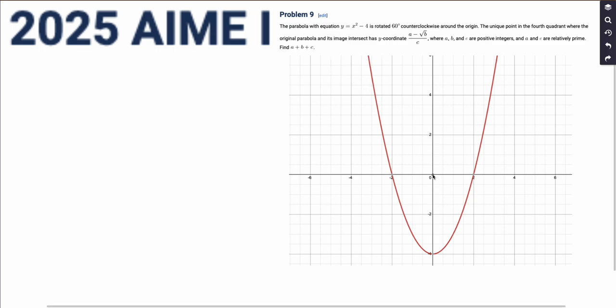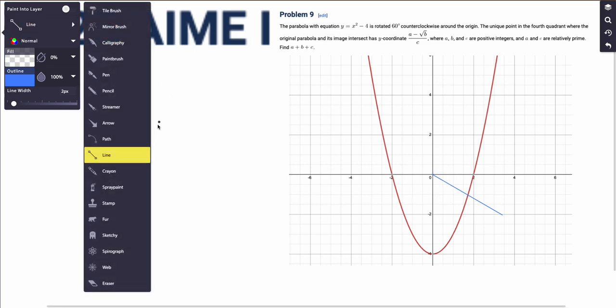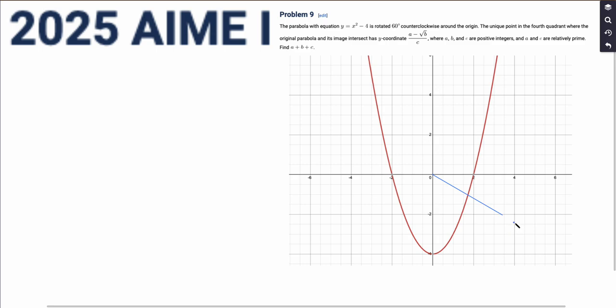Okay, so what we can do first is just go ahead and do a drawing over here. And if we rotate this parabola 60 degrees counterclockwise around the origin, that's in this direction in which my cursor is moving, then the origin is also going to end up 60 degrees away from the original origin. And so with that, we can draw what our parabola might look like, and we're going to get something of this sort.